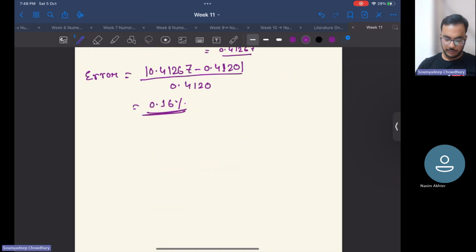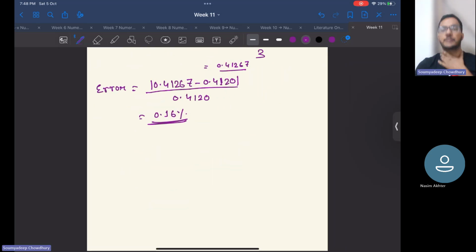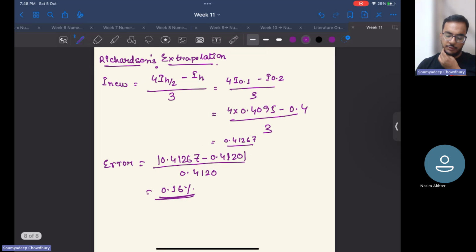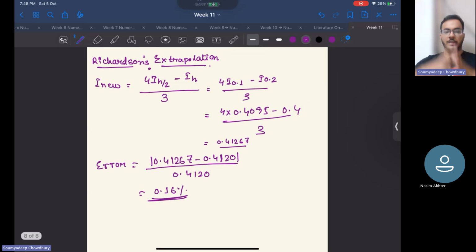Any doubts, any confusions, Nasim? Or should I proceed? But this formula, isn't it for the trapezoidal rule? Yeah, this can be used for anything. This integral you can evaluate using RK2, RK4 or using trapezoidal, anything.